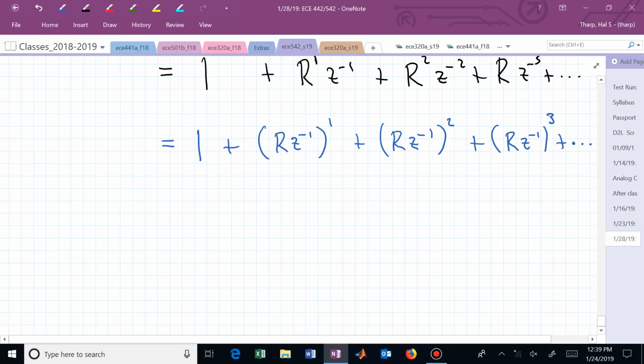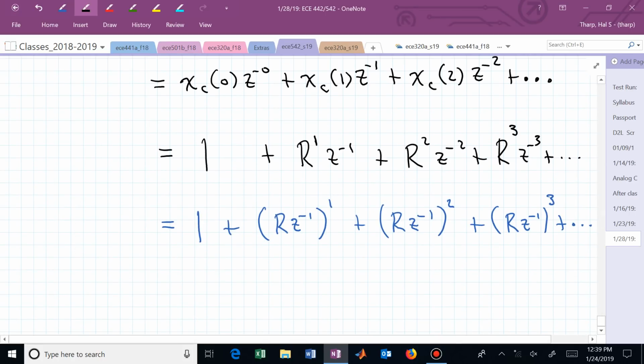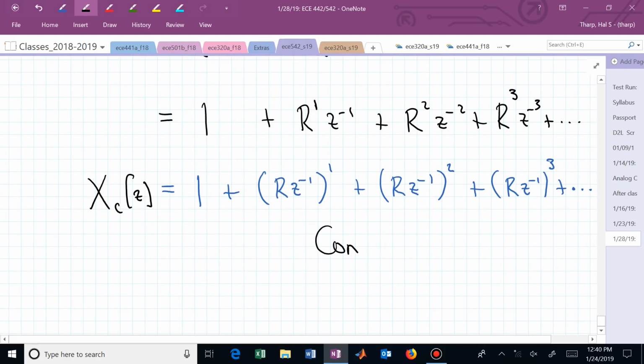And when is this right-hand side going to be bounded, or when will it converge? When will we have a finite value associated with capital X sub c of z, this infinite series expansion for capital X sub c of z? Can we find a condition when this sum actually is bounded, or when does it converge?